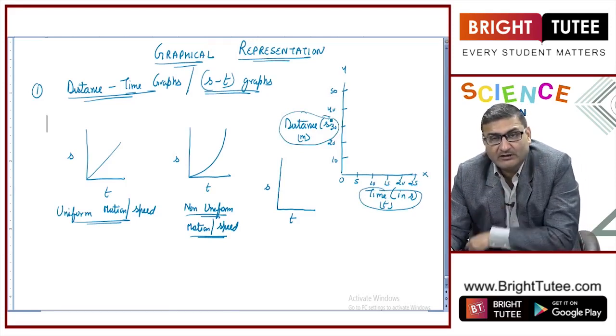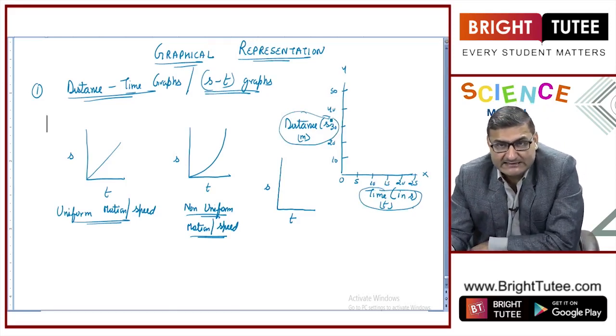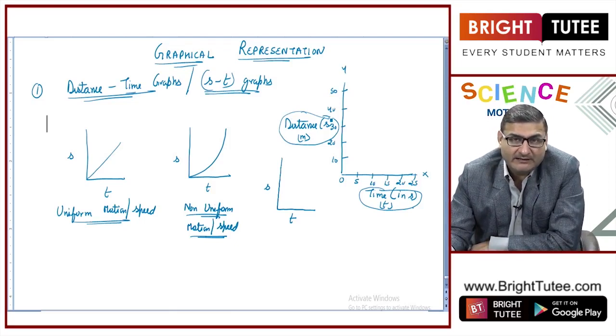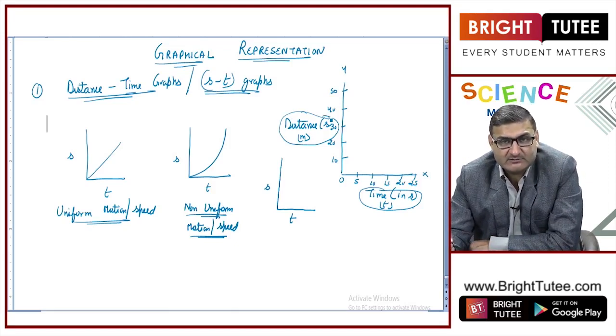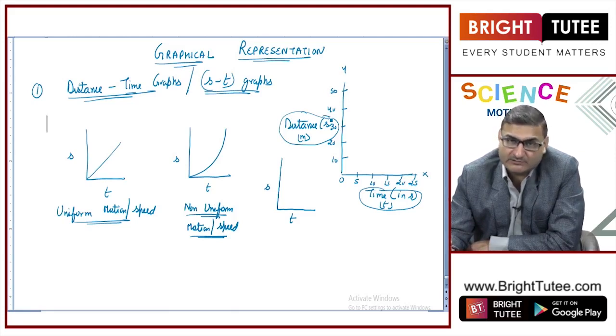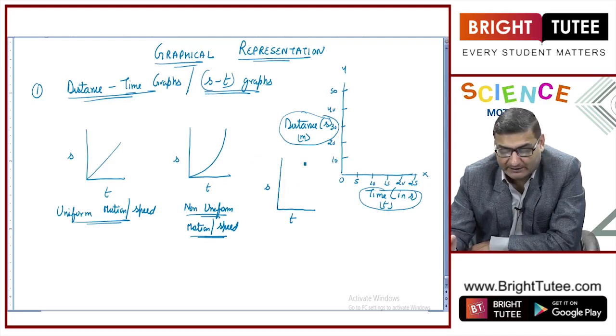So, first of all, we need to carefully see that, we need to confirm that it is a distance time graph that we are talking about. Why? Because after this topic I will tell you that there are speed or velocity time graphs also, right, which convey an altogether different representation. So, we need to make sure what graph it is. It is a distance time graph that we are talking about right now.